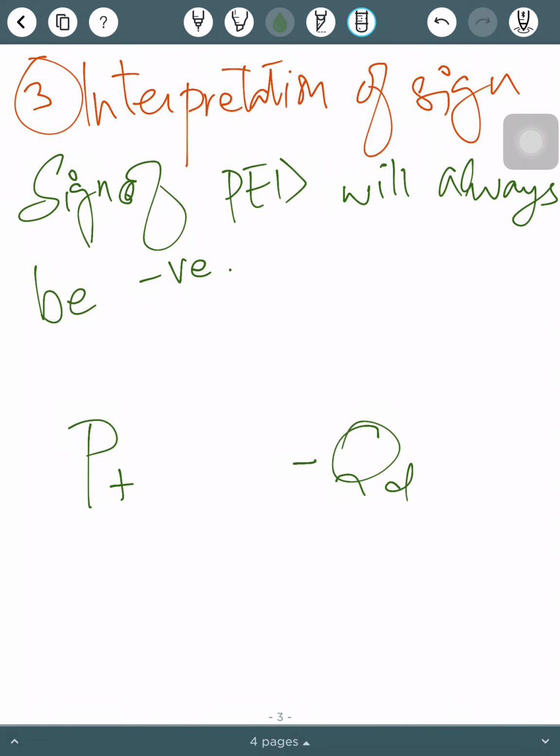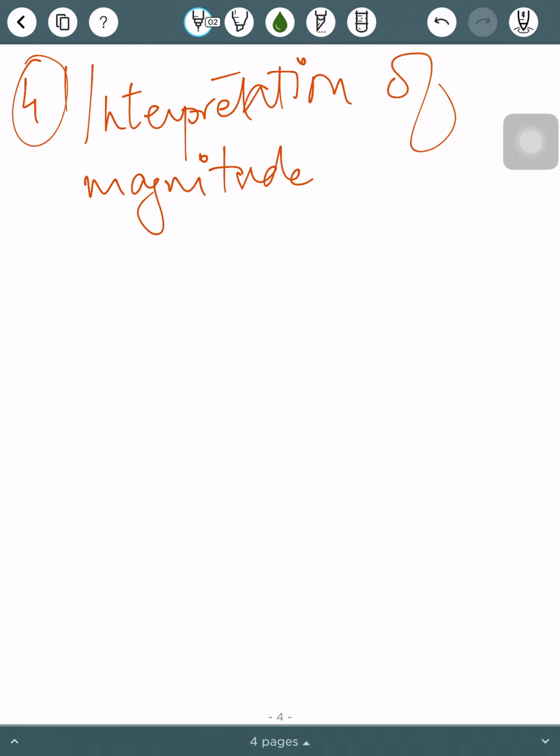Okay, so while doing the calculations, once we get the answer, to interpret the meaning of the magnitude, we usually ignore the negative sign in PED. So, interpretation of magnitude. PED has certain ranges of value.